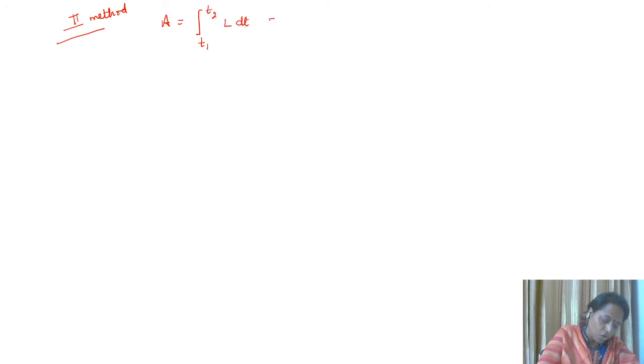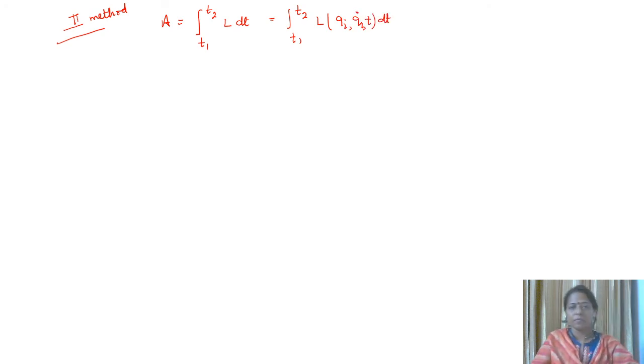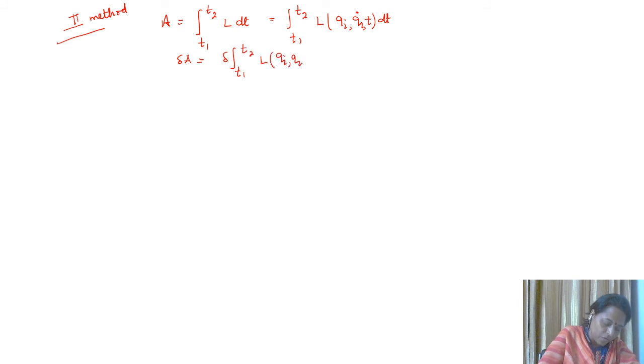L is a function of qi, qi dot and time, and then you find what is delta A. Delta A is delta of the integral from T1 to T2 of L of qi, qi dot and time, with respect to time.